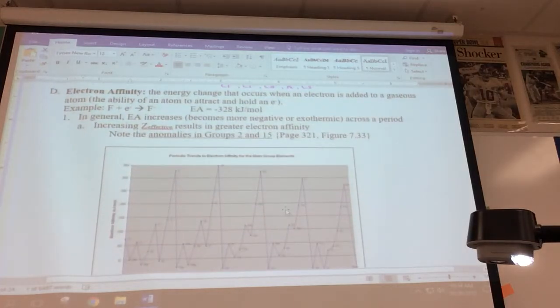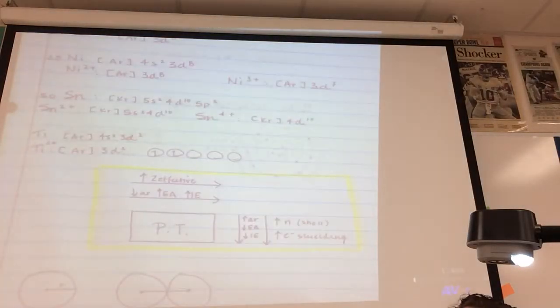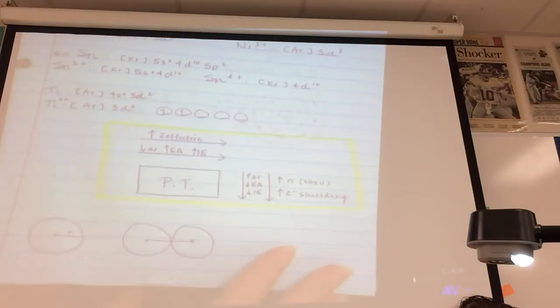The next trend we want to talk about is electron affinity. Electron affinity, as you said earlier, deals with attracting and holding an electron to the outermost shell. It's the energy associated with the atom's ability to attract and hold an electron that it didn't have previously.